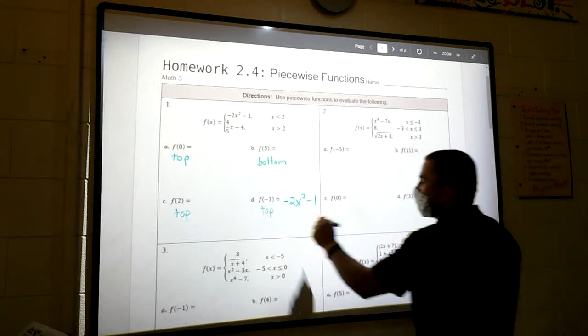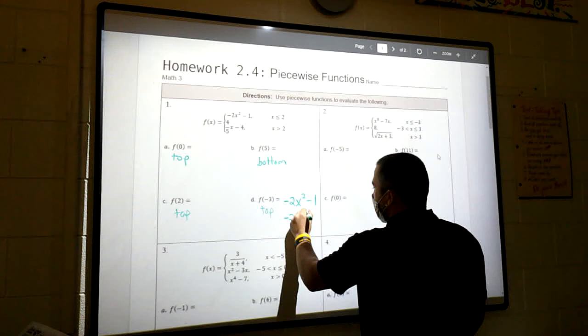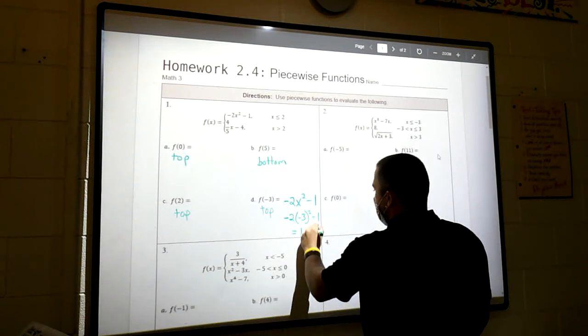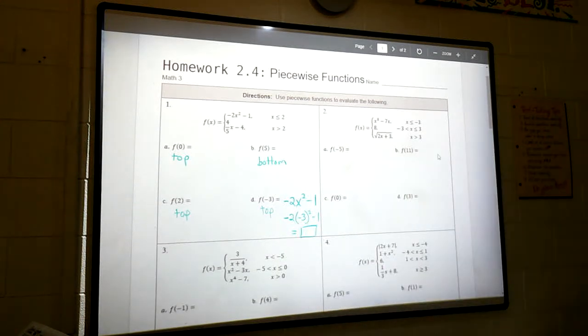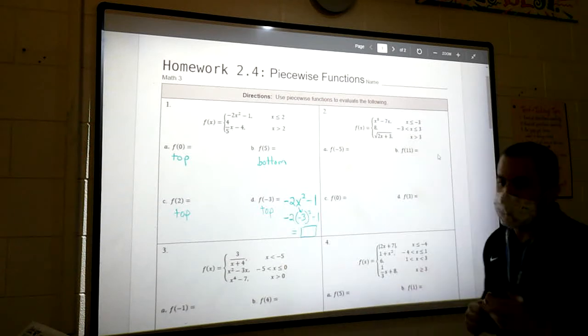That's why it's written in parentheses. So I'm going to say negative 2, and then in parentheses, negative 3 squared minus 1. And that's going to give me my answer. So notice the top equation was negative 2x squared minus 1, and all I did was plug negative 3 in for x. That's what you have to do in those.